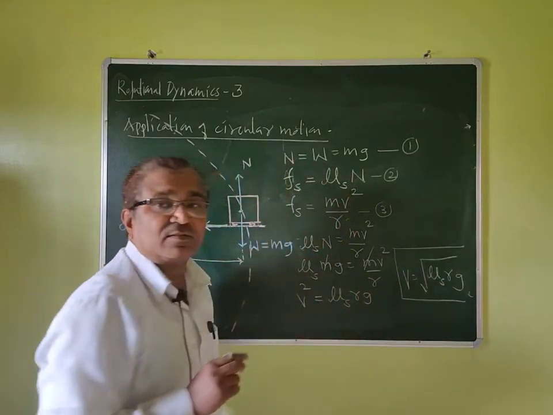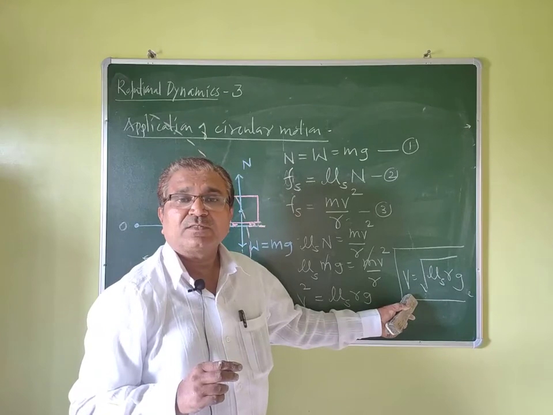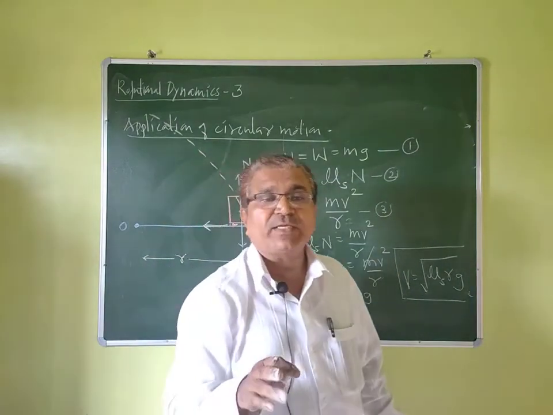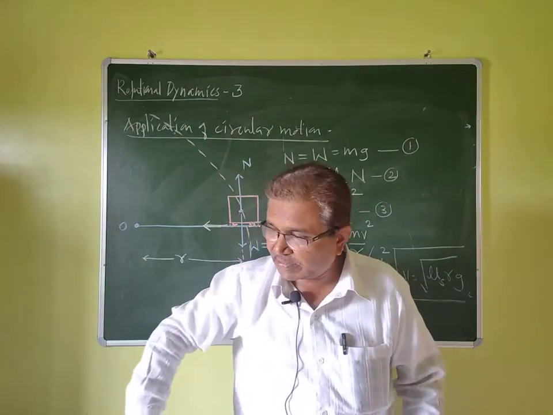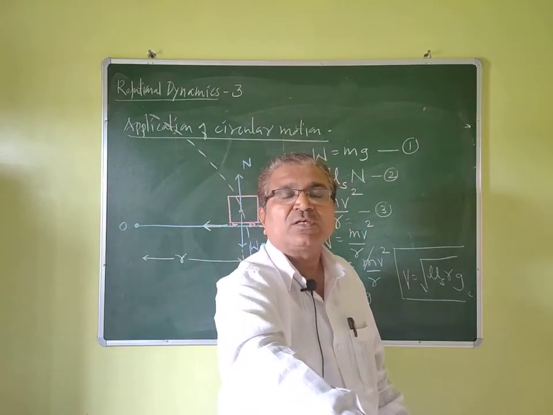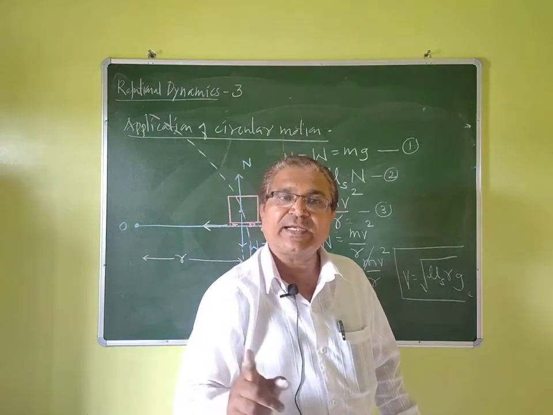So this is the maximum velocity by means of which that vehicle is moving along a horizontal curved road. The vehicle can safely move along a horizontal curved road because of a frictional force between road and tire.